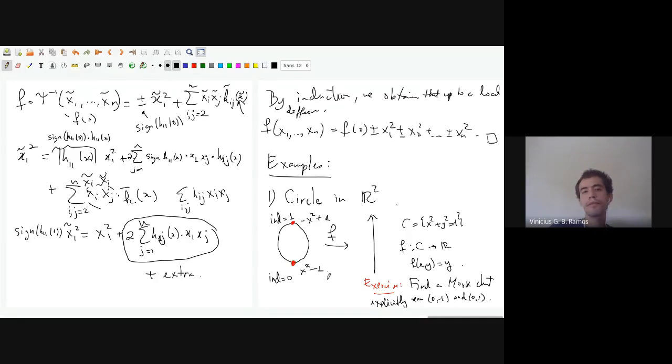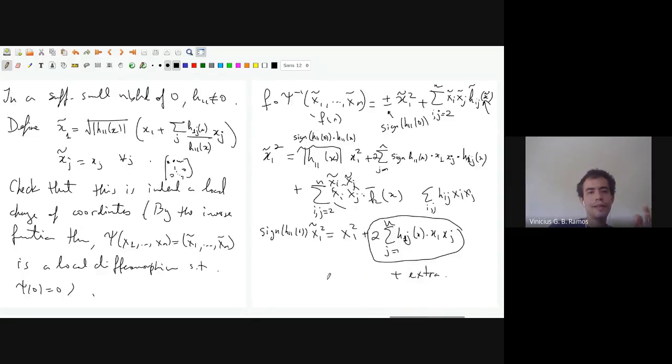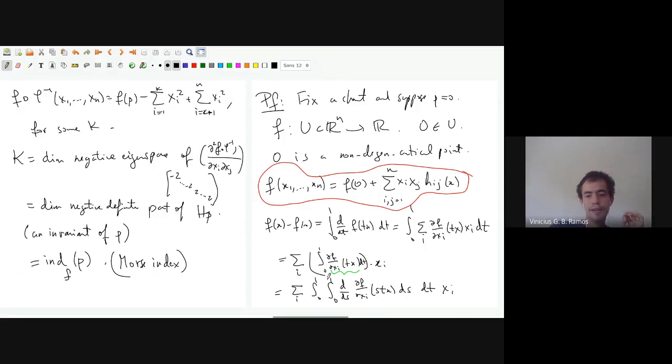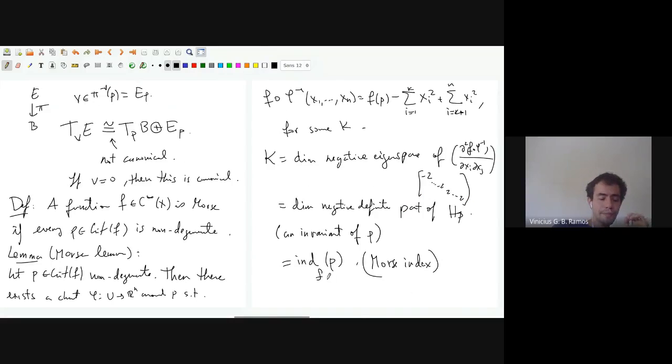The statement of the Morse lemma is that you can find a chart so that you can precompose in the domain where the function has this expression. You're not changing the target at all. So you see the f of p is here.